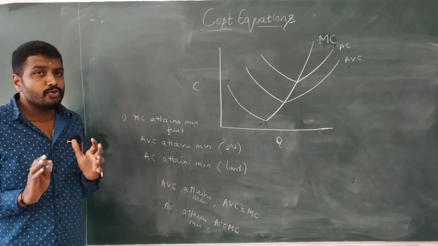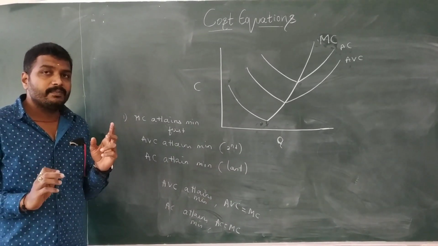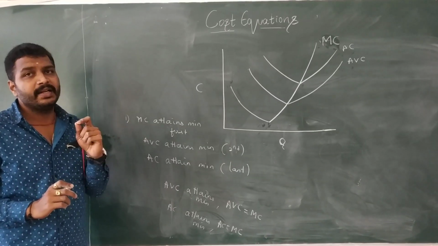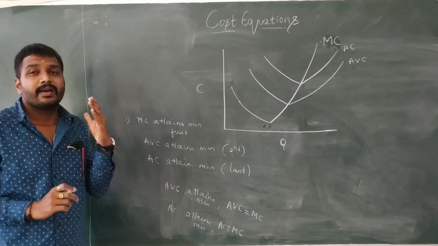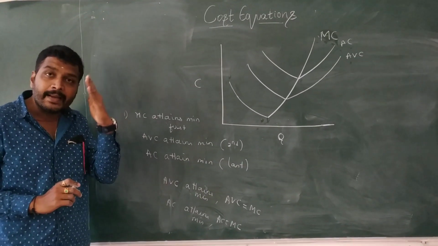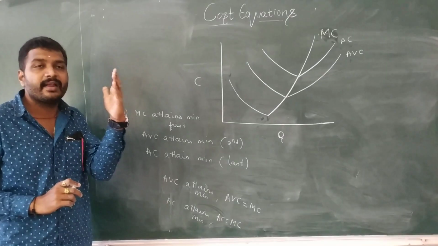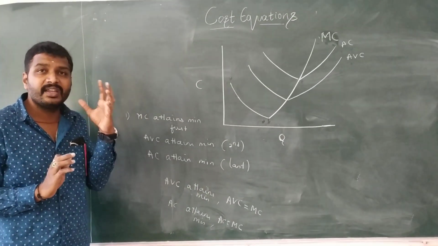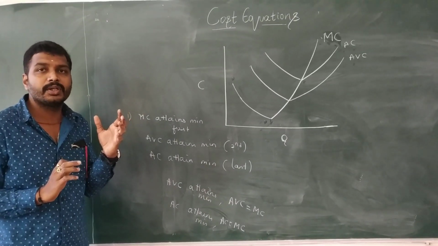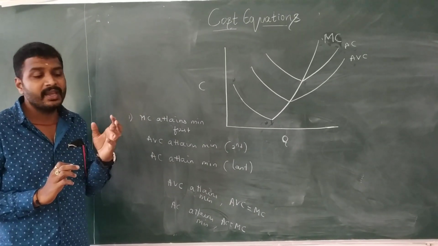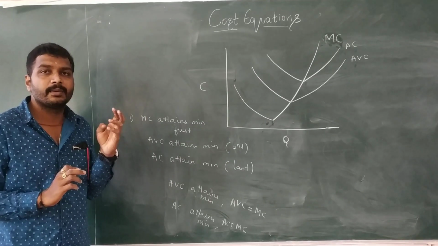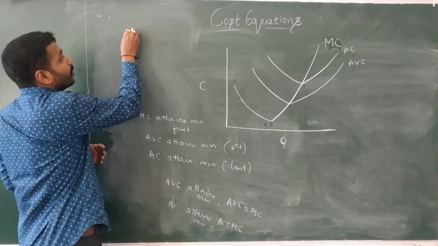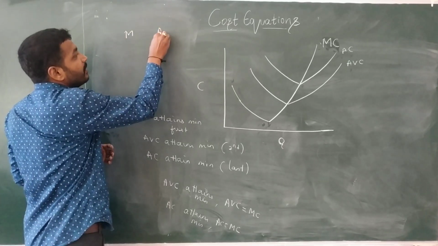For that you need to revisit my video wherein I have explained the relation between M and A, that is marginal and average, how they are related. In the very first video I think, which is on product curves, while discussing marginal physical product and average physical product, I have made a mention of what sort of relation this M and A will be having.